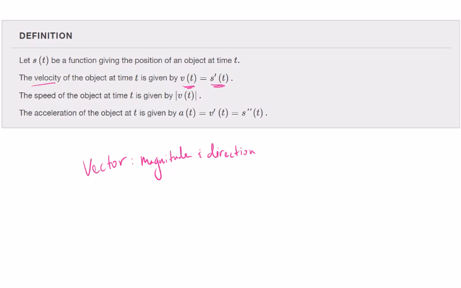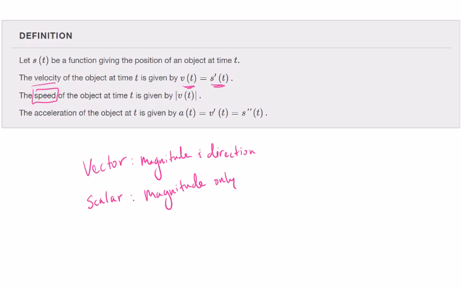And so a scalar is a counterpart that has magnitude only and no necessary direction. Okay, so speed is a scalar. So speed is the absolute value of velocity, right? So velocity tells you not only how fast you're going, but which direction you're traveling, right? Whereas speed just tells you how fast you're going.